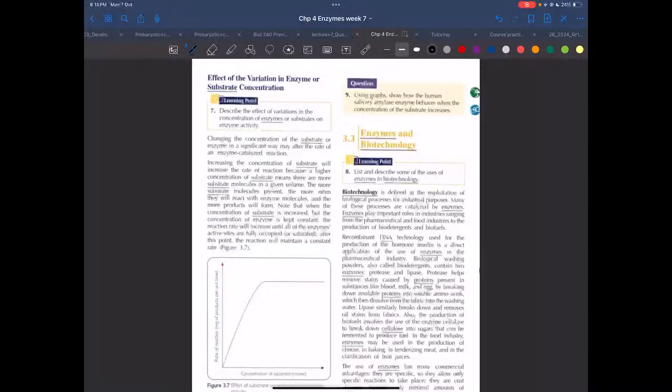What do you expect will happen to the rate of the reaction? Will it increase? Will it decrease? Will it stay the same? Or does it depend on something else?